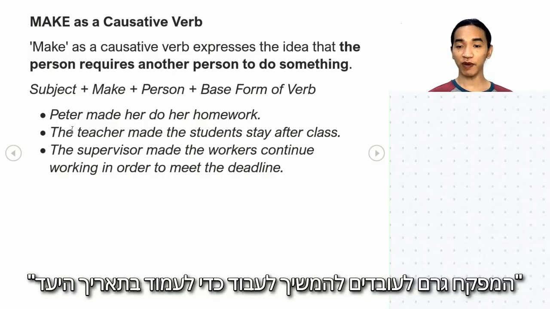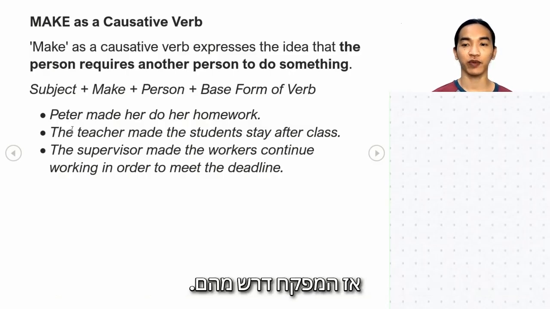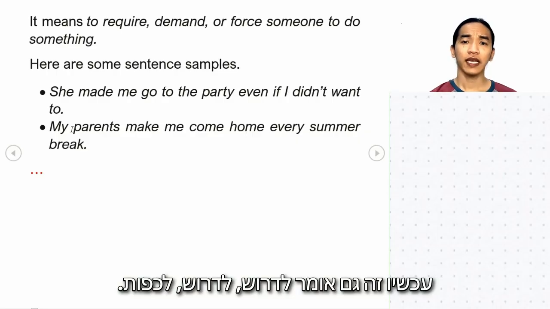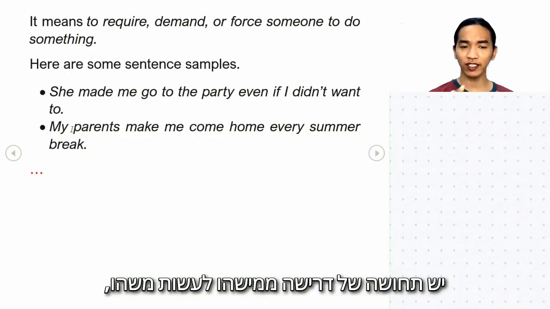The supervisor made the workers continue working in order to meet the deadline. So the supervisor required them. Now, it also means to require, to demand, to force. There's a sense of forcing someone to do something.